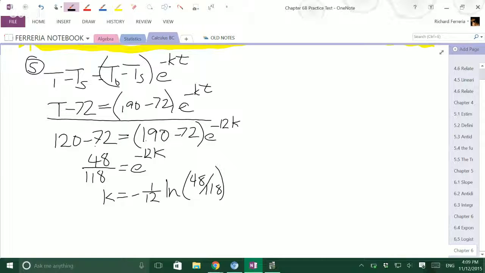Again, I don't need the decimal. This is perfectly good for me. You don't need to simplify it. You don't need to reduce it. This is good.